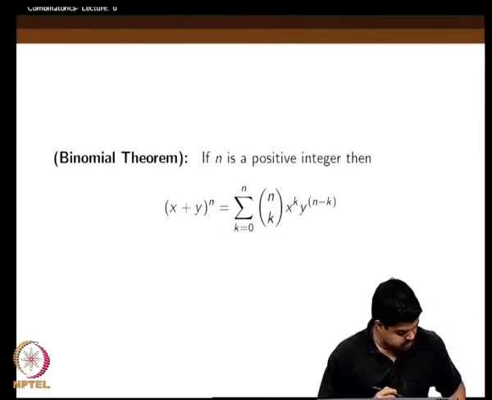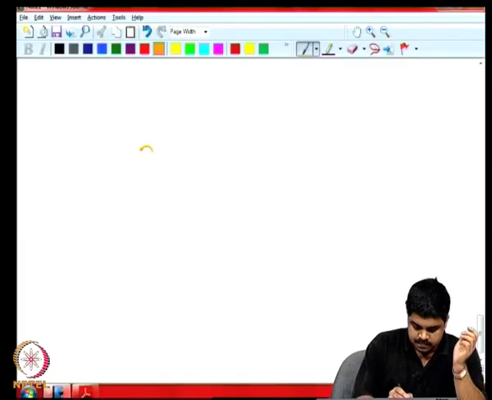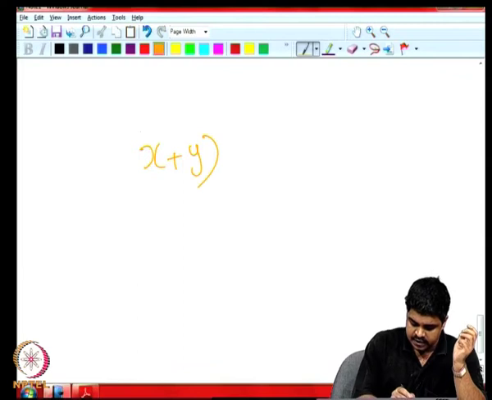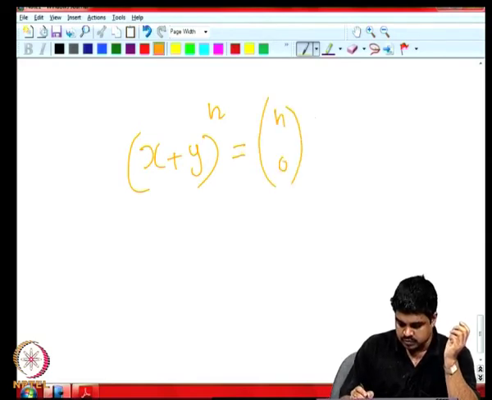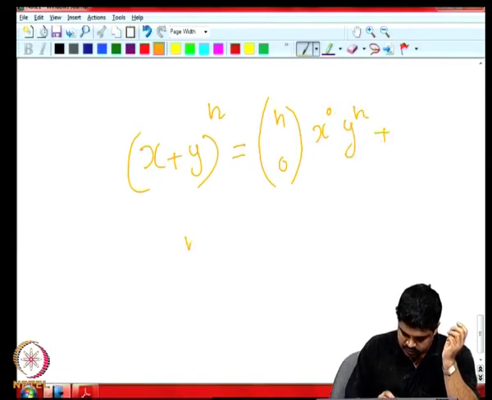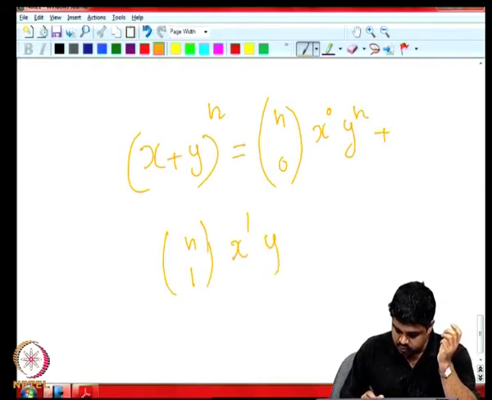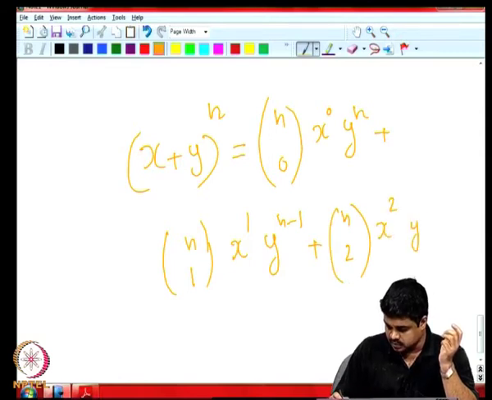It is stated like this. x plus y raised to n, where n is a positive integer, is equal to n choose 0 into x raised to 0 into y raised to n, plus n choose 1 into x raised to 1 into y raised to n minus 1, plus n choose 2 into x raised to 2 into y raised to n minus 2, and so on.